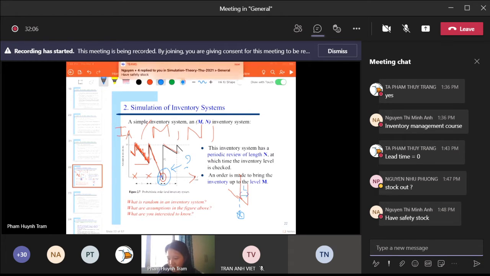Safety stock means we will raise up, we will have something like this, and this we call safety stock. So we also have to calculate this safety stock, right, to avoid the level going below zero. That's right. Okay, that's one way: have safety stock. Okay, what else? What else can we do?